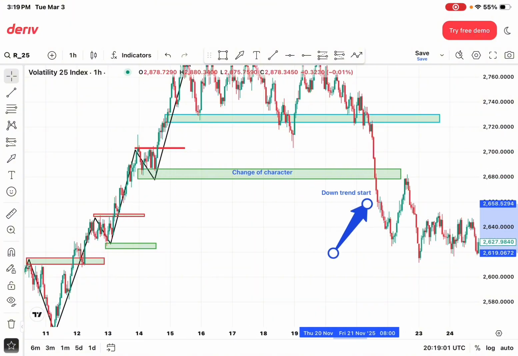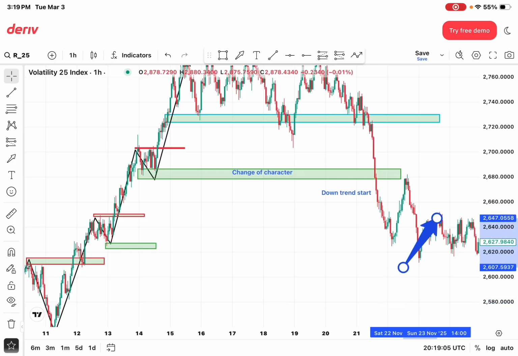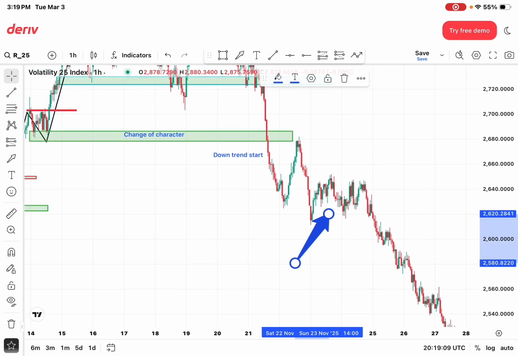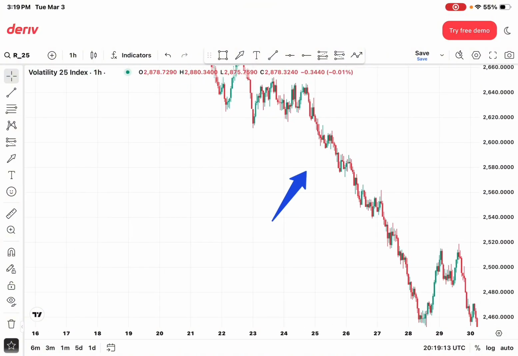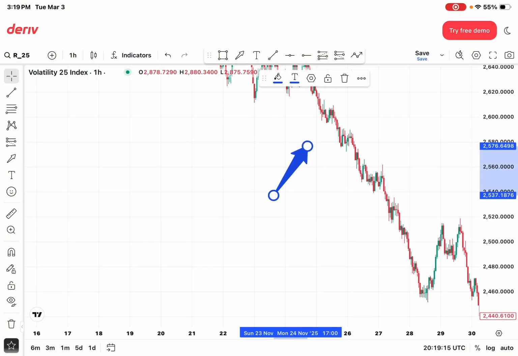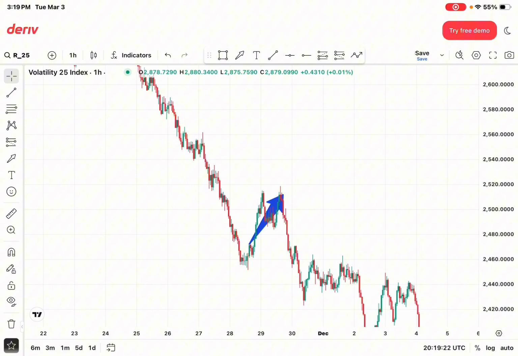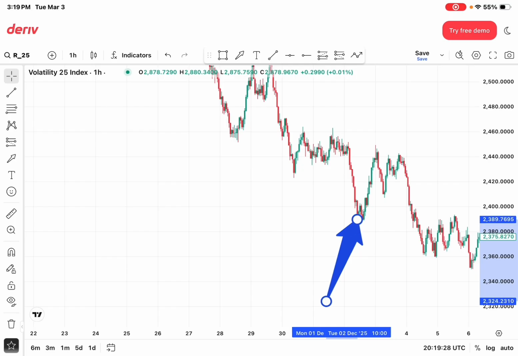Then it breaks and it forms a lower low, lower high, lower low, lower high. All right, same low. This does happen, a little bit of consolidation, then it forms a lower low, a lower high, a lower low, lower high.